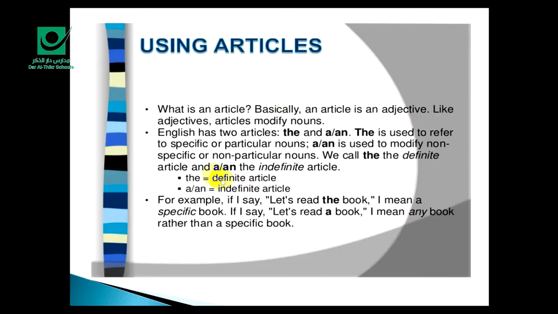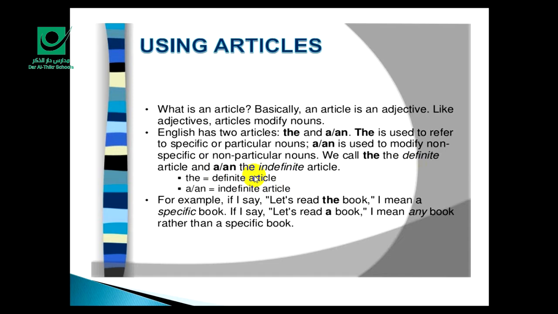English has two articles, the and an or a. The is used to refer to specific or particular nouns. A or an is used to modify non-specific or non-particular nouns. We call the the definite article, and a or an the indefinite article.